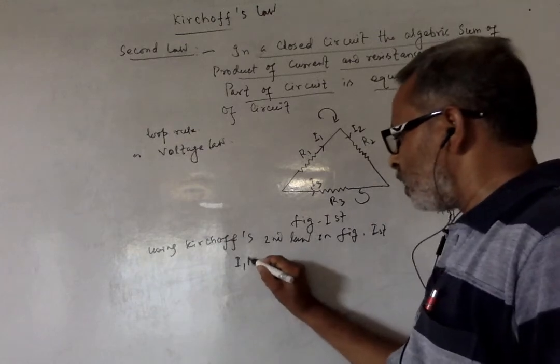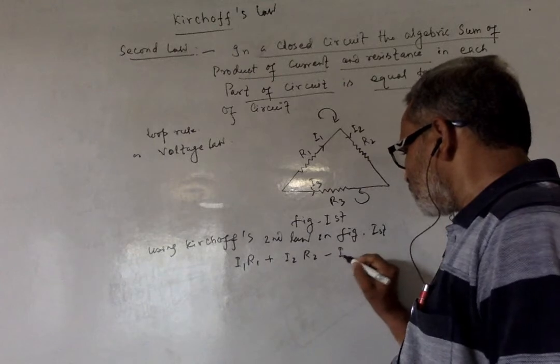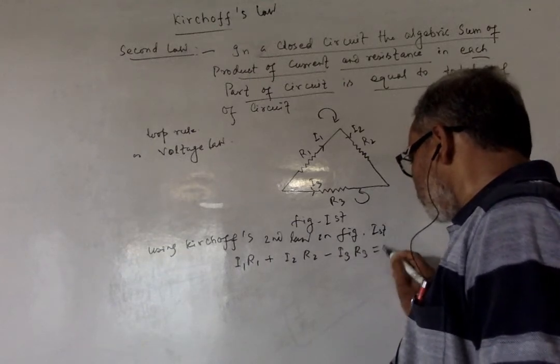Therefore, I1 R1 plus I2 R2 minus I3 R3 equals 0.